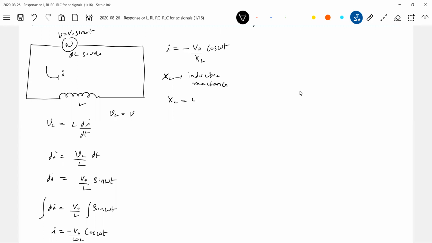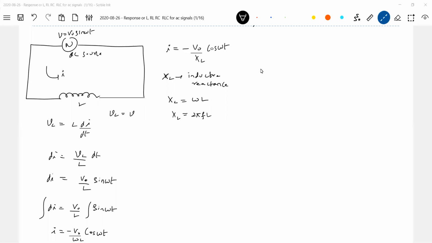So what is XL? XL equals omega L, and omega is 2 pi f. Like this, the reactance offered by the circuit depends on frequency. Let's see what is actually the meaning of this. Yesterday we plotted the graph, no?